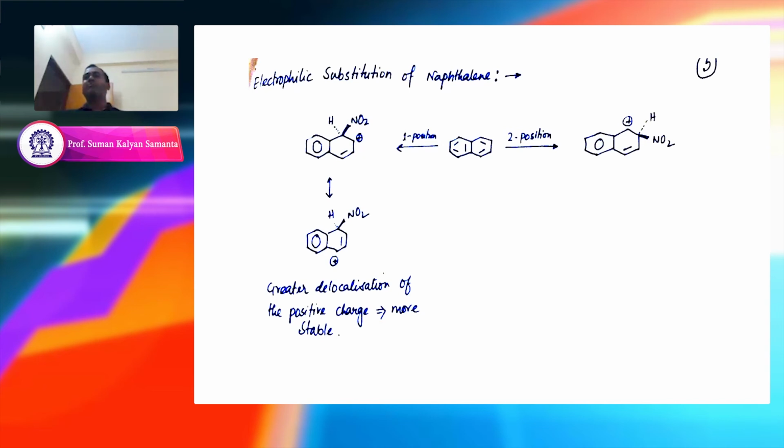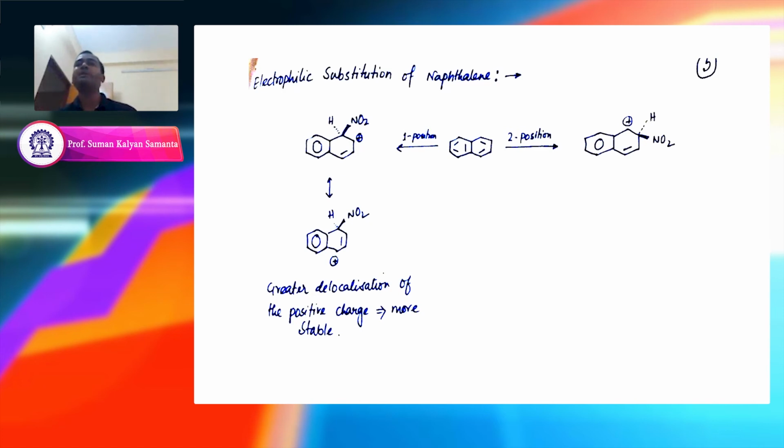This is our last part of today's talk. The naphthalene system is a bit complicated as compared to a mononuclear system like benzene. Here there are many possibilities for electrophilic substitution, but among them there are only 2 positions which are most reactive. We will find that out, and we will also do some electrophilic reactions along with the diazocoupling reaction.